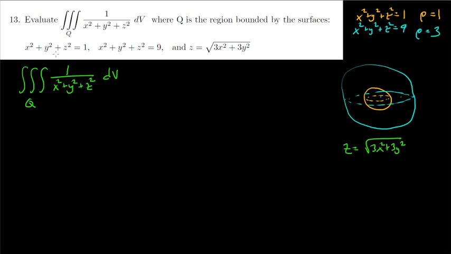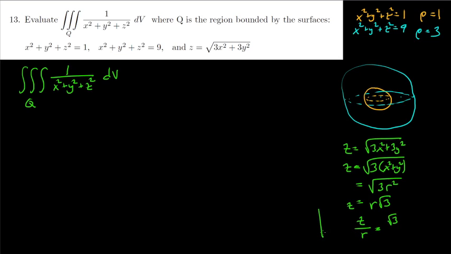Okay, so what is that? If it's not familiar, let's see if we can simplify it. This is 3 times x squared plus y squared under the square root. So that's just the square root of 3r squared, or just r times the square root of 3. Remember, r is positive, right? So z over r is the square root of 3. So remember what z over r is.